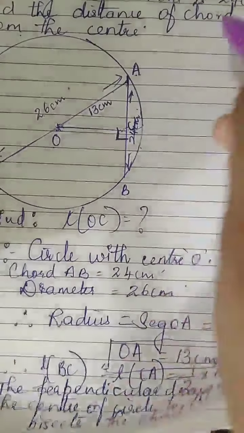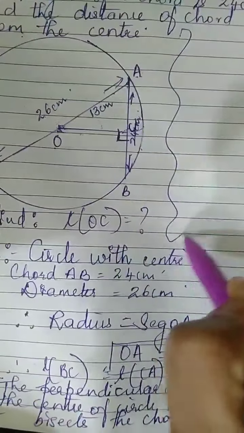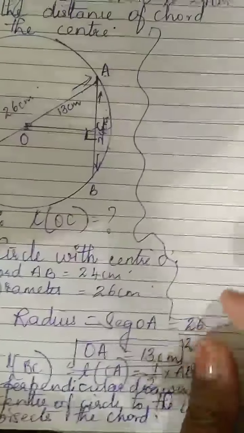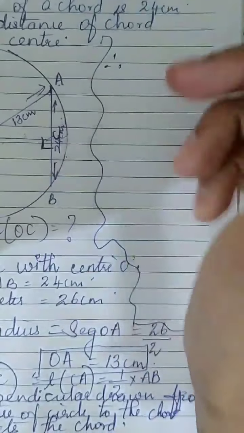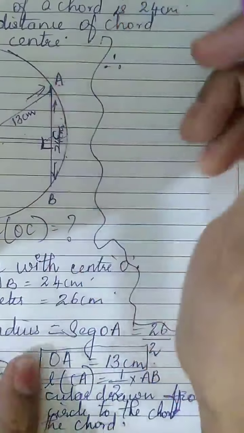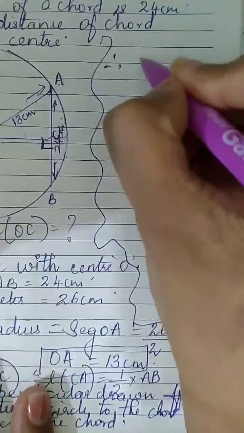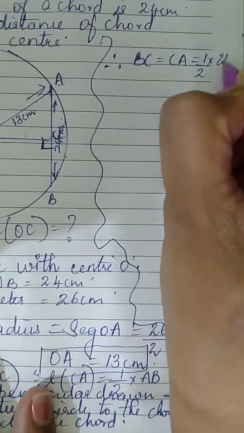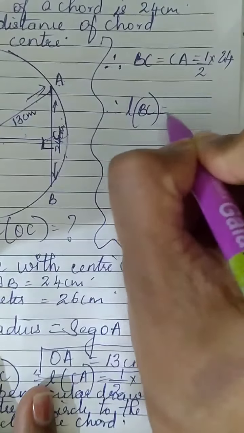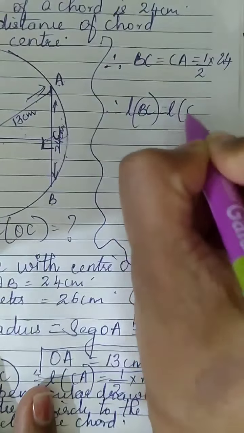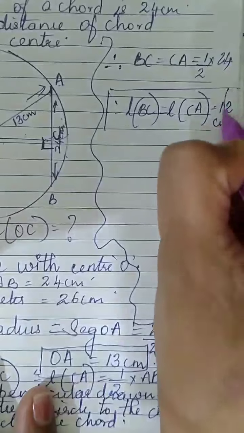Okay, so remaining part I'll write here. Therefore, if the whole chord AB is 24, how much will be BC or CA? Therefore, BC is equal to CA is equal to half of 24. Therefore, length of BC is equal to length of CA is equal to 12 centimeter. Put this also in box.